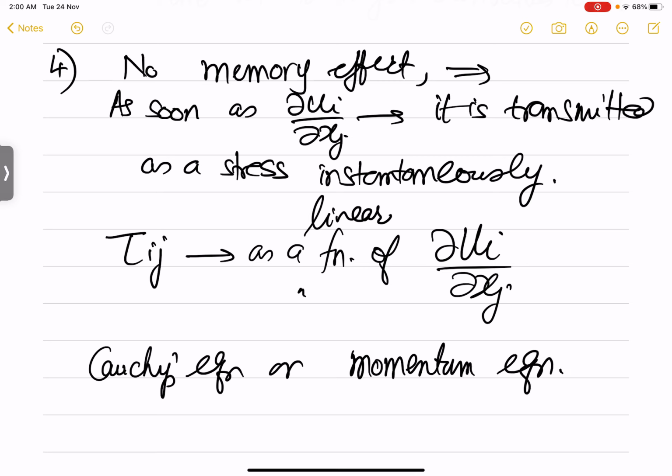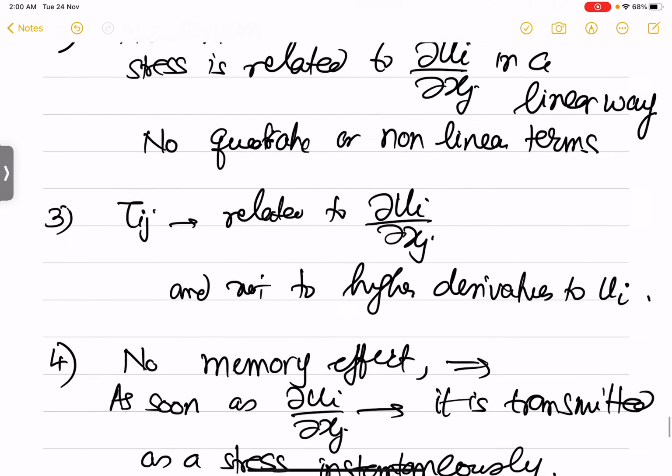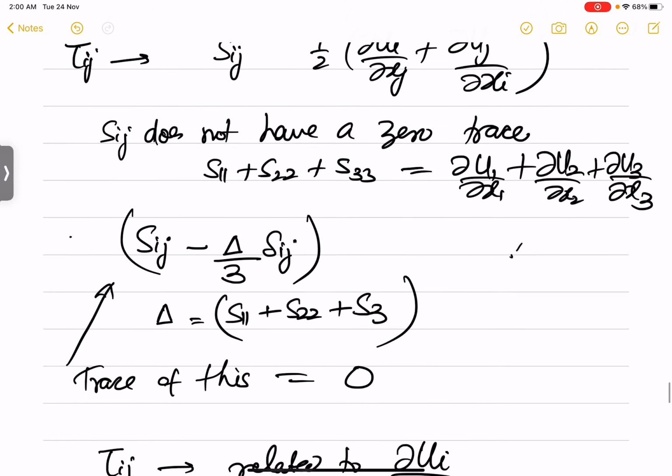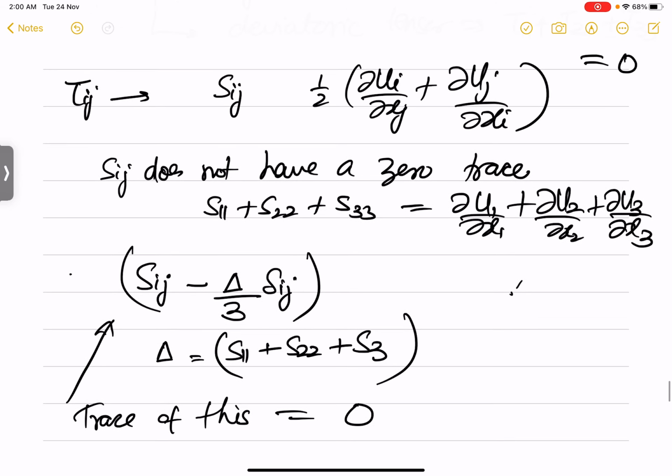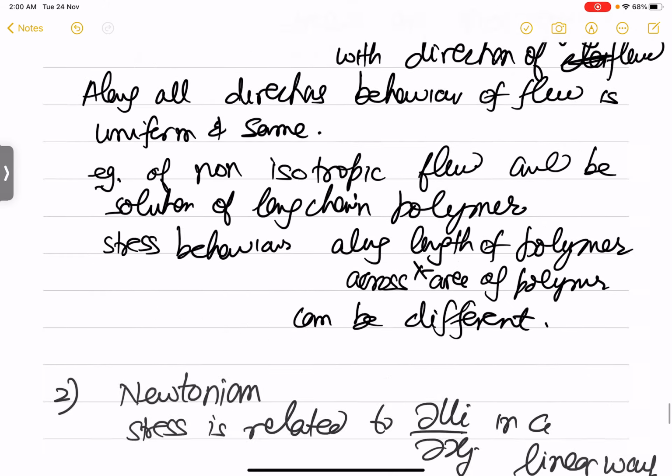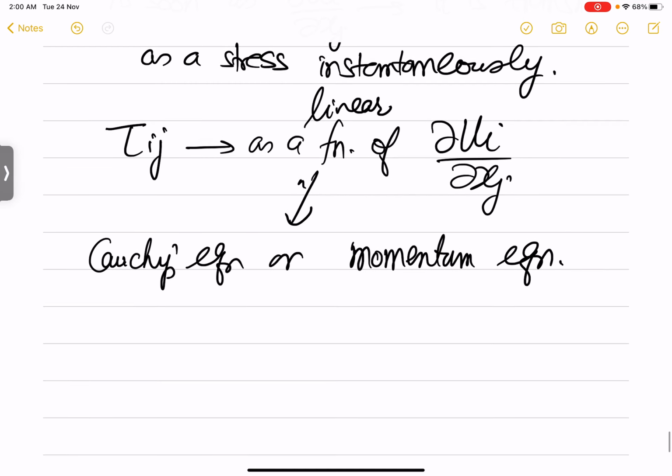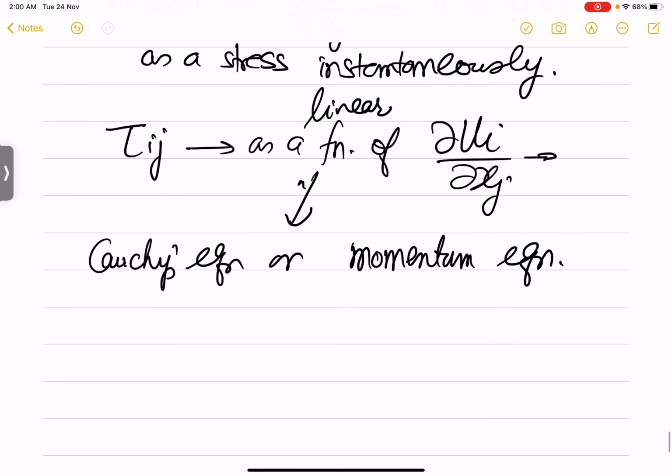We will put this linear function of dui by dxj in tau ij, and as we had shown earlier, we will relate tau ij to Sij, because tau ij is related to one part of dui by dxj.